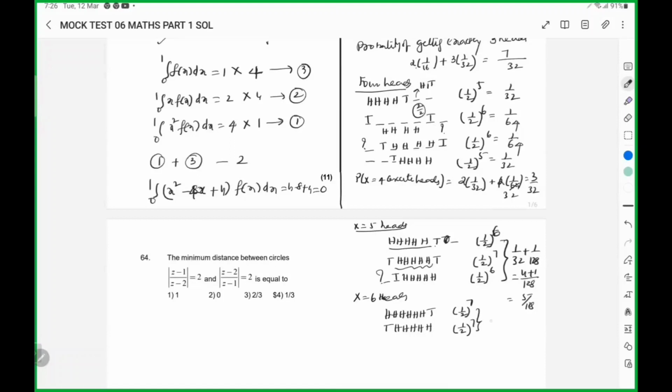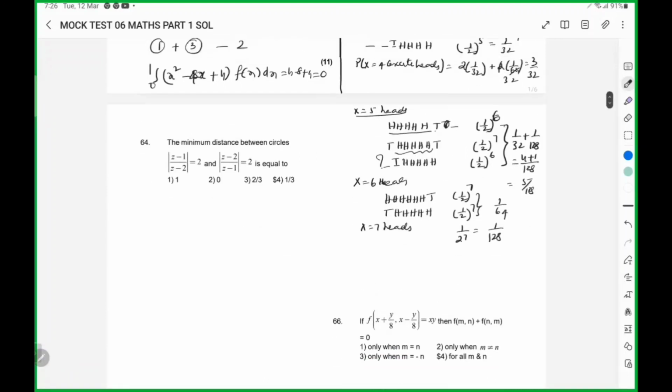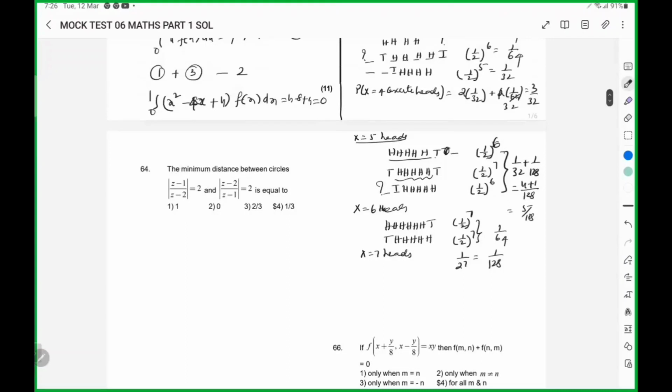Adding these two, we get 1 by 64. 7 heads, that is 1 by 2 power 7. Now, adding all this, we get the probability of getting at least 3 consecutive heads.